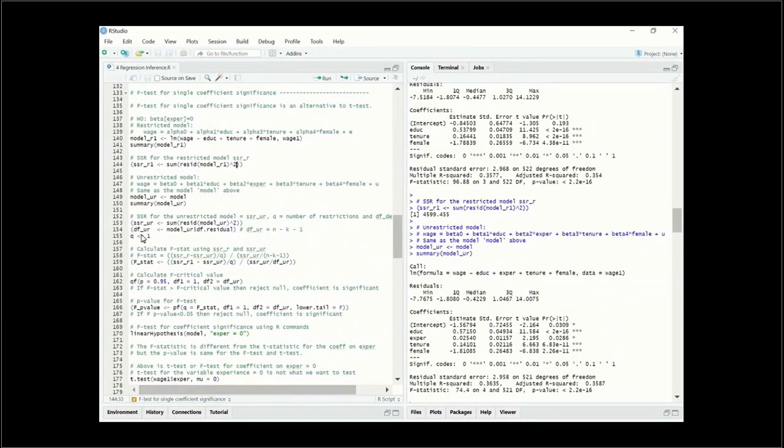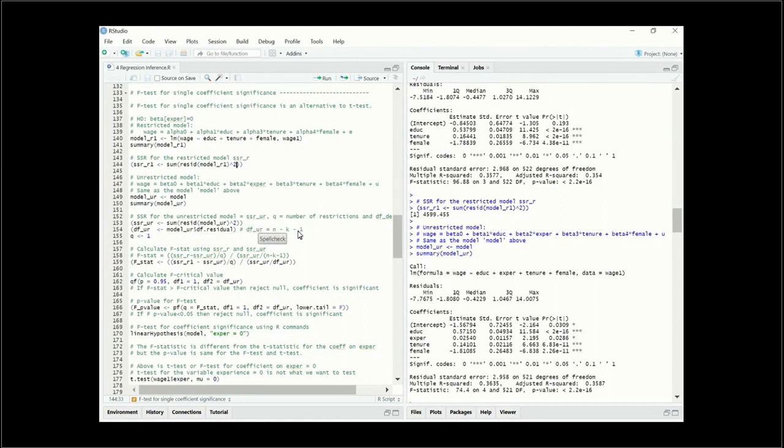Okay, so here is the sum of square residuals for the unrestricted model. We are again picking up from this model unrestricted, which was our original model. We're picking up the residuals, squaring them right here, and summing them up. And then the degrees of freedom for the unrestricted model is just the degrees of freedom for the residuals.